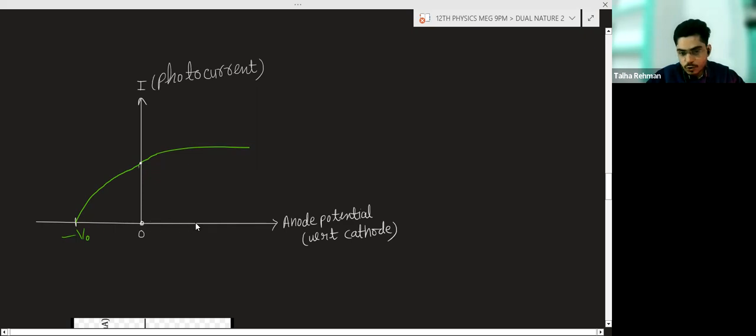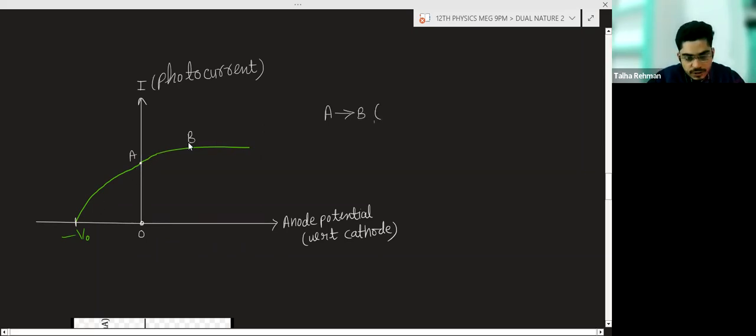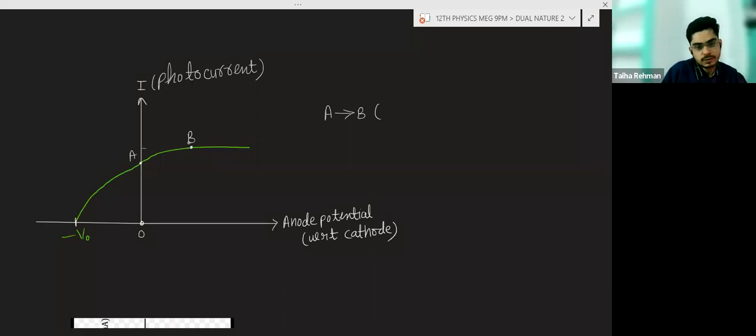If you increase the positive potential on the anode, moving on this graph in this direction, from A to B on the graph, you can see the photocurrent is increasing.